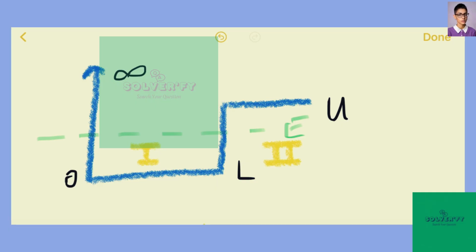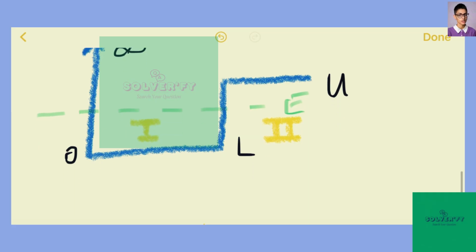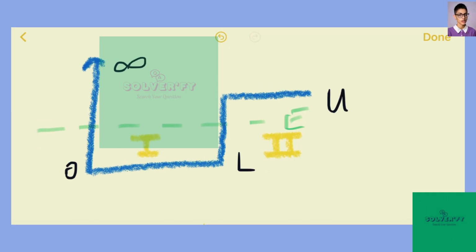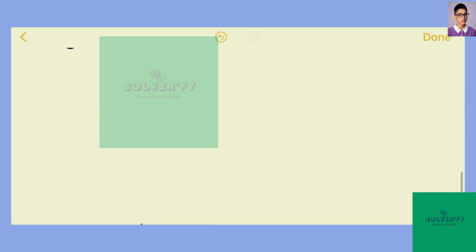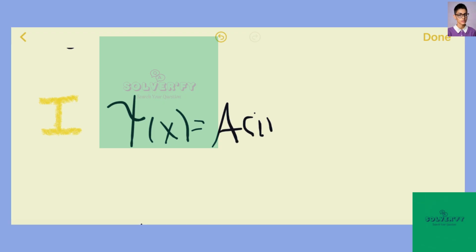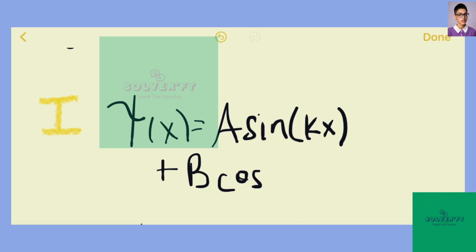Inside the well, the particle is free. So in portion 1, the particle is free and the wave function is trigonometric. So you'll get that inside the well, psi of x is equal to A sine of kx plus B cosine of kx.